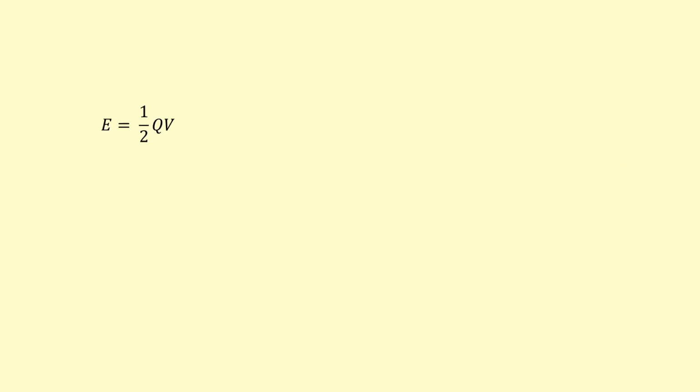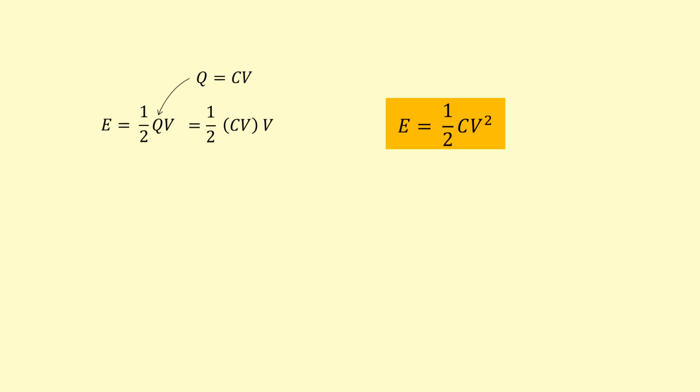This is a very useful equation to calculate the energy stored in the capacitor. But what if you don't have charge, and instead you have capacitance and voltage? You can eliminate charge from this equation by substituting Q equals CV, and when you expand this you get another very useful equation: energy stored equals half capacitance times potential difference squared. But what if you don't have the voltage instead?